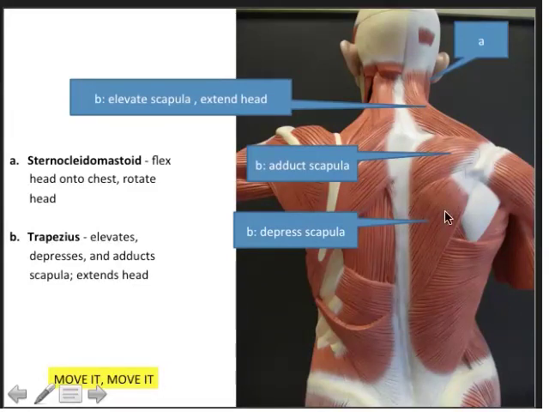So that's three heads, all of which do slightly different things. This head elevates the scapula and extends the head. This one adducts the scapula, basically brings it back towards midline, so the scapula would rotate like this. Okay, I'll draw an arrow so you can see.